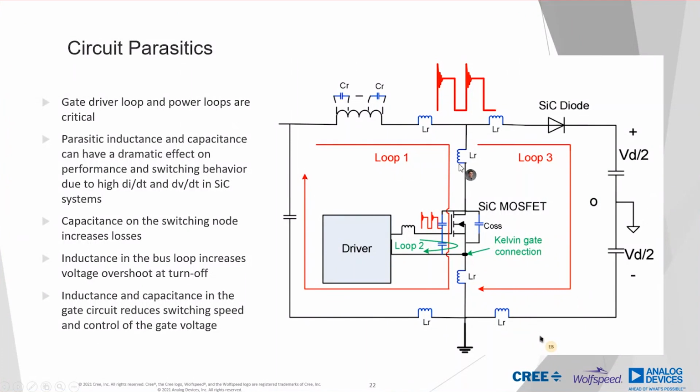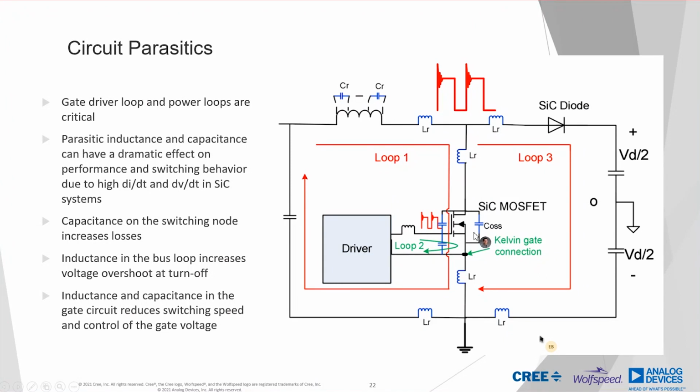Minimizing these inductances allows you to drive the MOSFET harder, which is going to reduce the switching losses in it. If you have a lot of stray inductance in here, you have to increase RG to slow down the device so that it doesn't overshoot on voltage. And then you give up a lot of the switching benefits that you could realize.